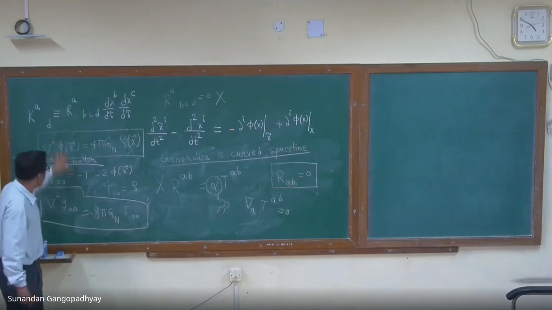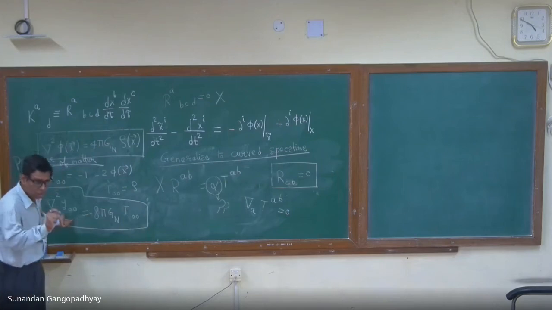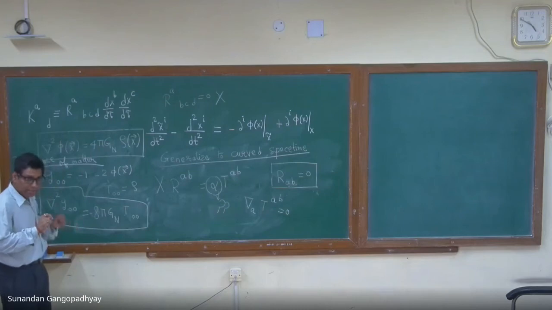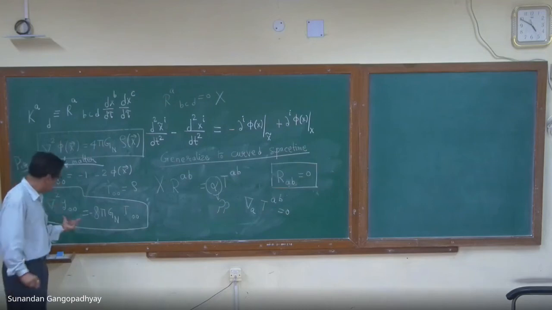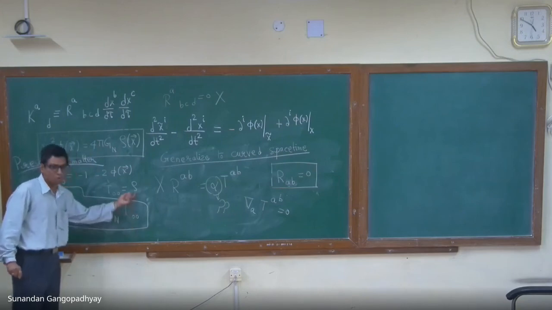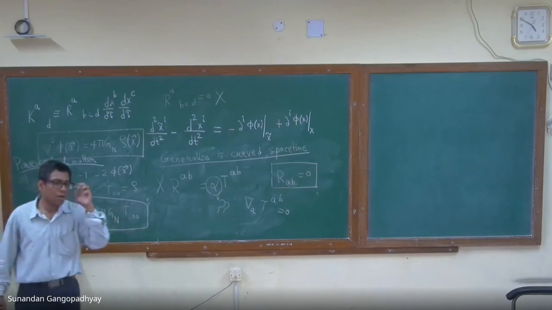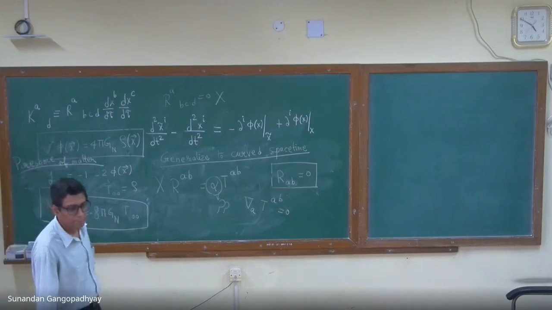If you write it in this language, G00 is the 00 component of the metric tensor. So this side is basically a component of the line element. So this is geometry. This side, T00, is rho. This side is matter.